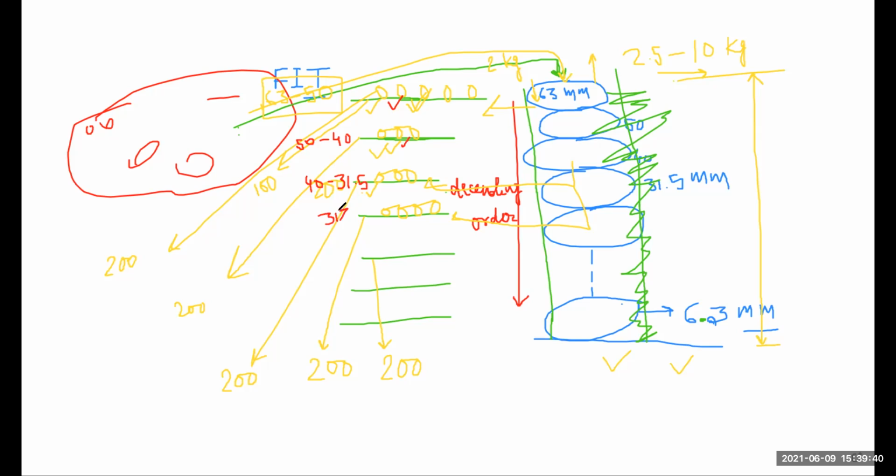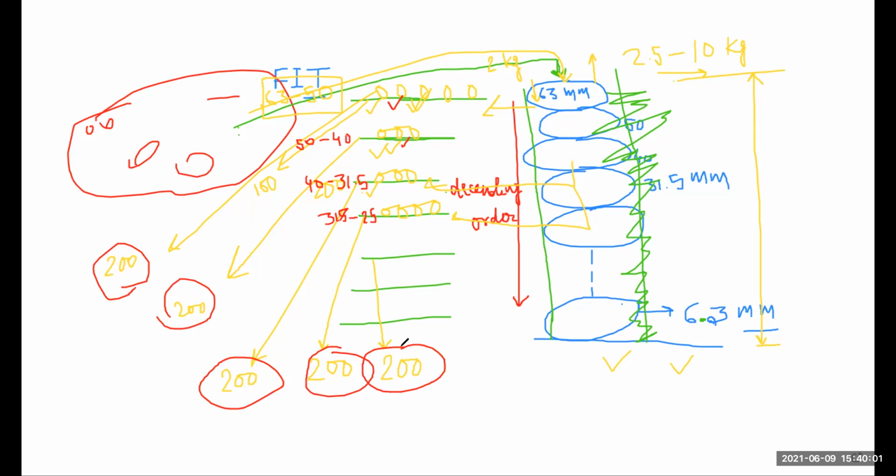We take this much of fraction of aggregate, and from these fractions we count 200 number of aggregate and separate them out. So we separate 200 aggregates from each fraction.